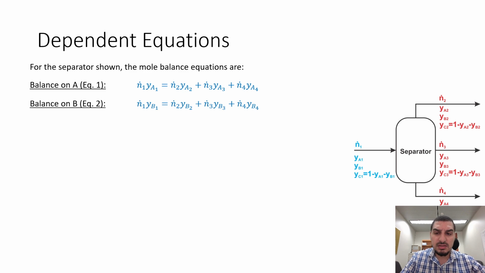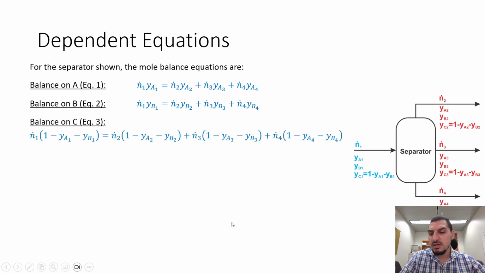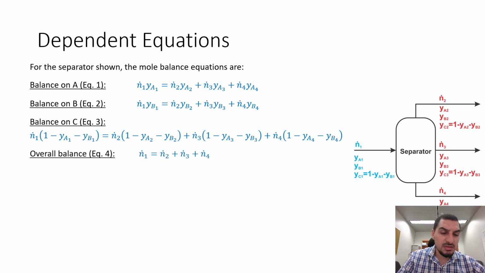The same for B. For C, it's the same, but instead of YC, it's 1 minus YA minus YB. So this is N1 YC1, which is 1 minus YA1 minus YB1, and the same for N2, N3, and N4. And for the total, the total feed N1 equals N2 plus N3 plus N4. So these are the equations that we have.